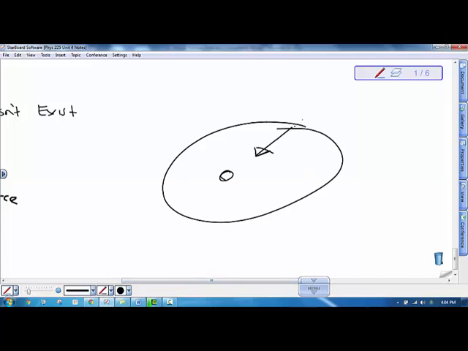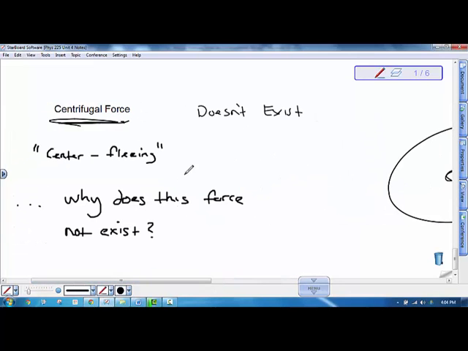Centrifugal force means away from, so it would mean we'd be accelerating away from the object. So why doesn't this force exist? Because we're accelerating towards the center, not away from the center, or center fleeing. So this doesn't exist.